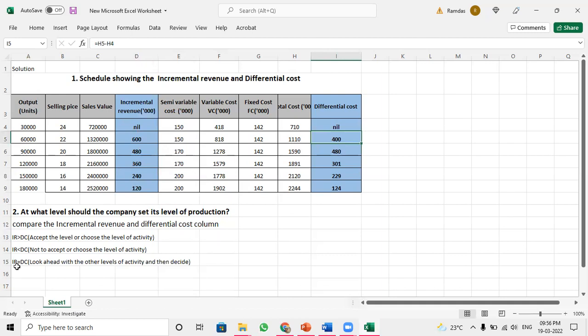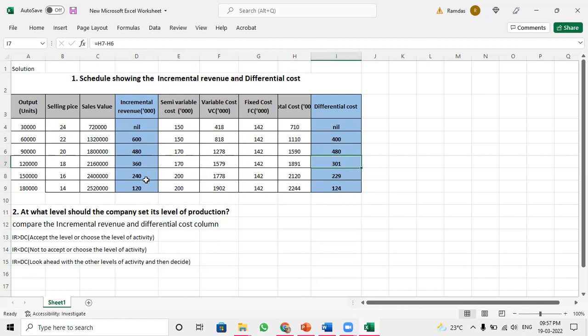As I told you, when incremental revenue is equal to differential cost, you look into the other level of activity as well and find out whether there is still an increase or decrease. So the next level is we have 360 as your incremental revenue and we have 301. That means your differential cost is lesser than your incremental revenue.